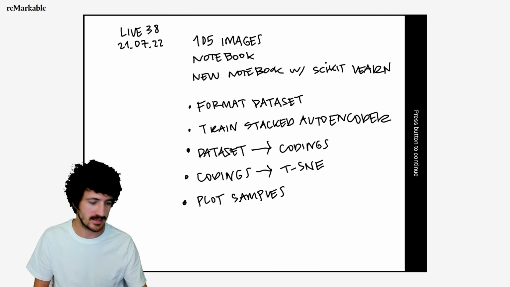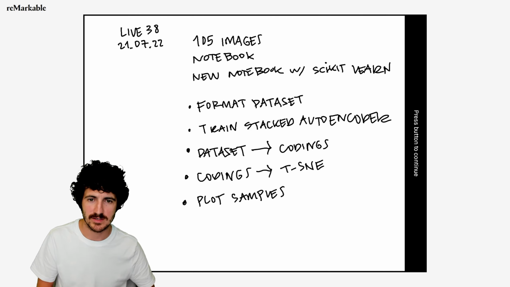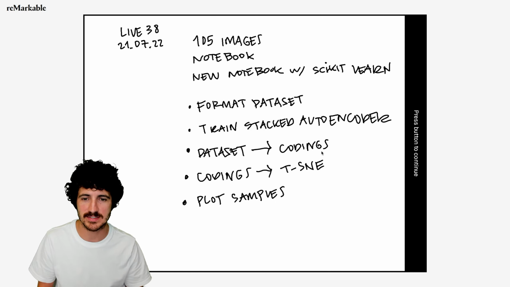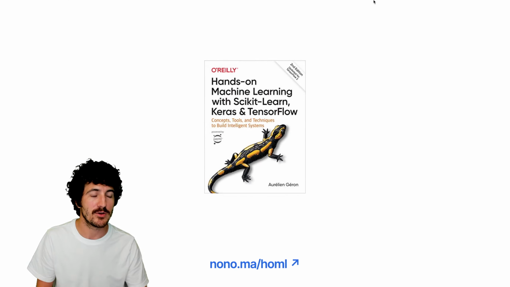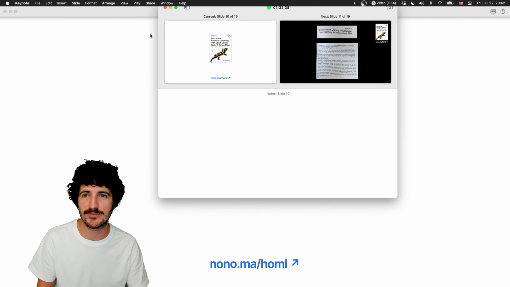One was to format our data set, another one was to train a stacked autoencoder, which we're doing now, and then later we'll see how to convert our dataset into codings, those codings into t-SNE, and then plot the samples. And we seem to be running a bit out of time.